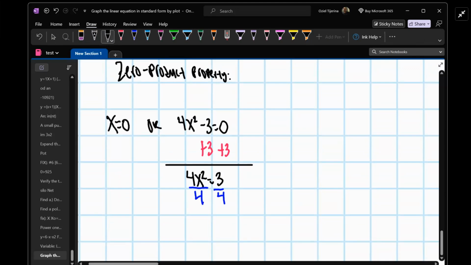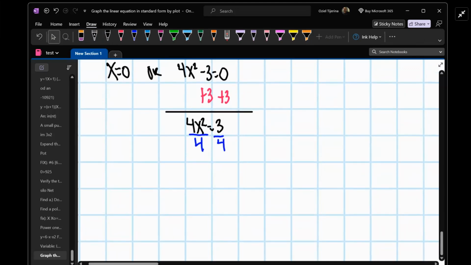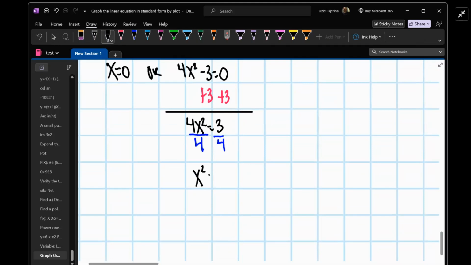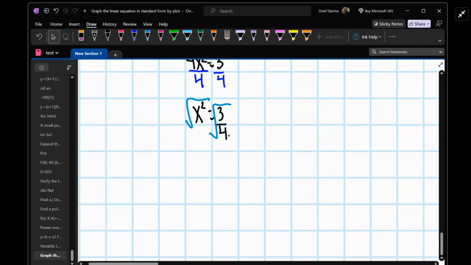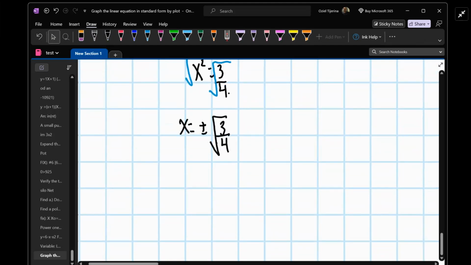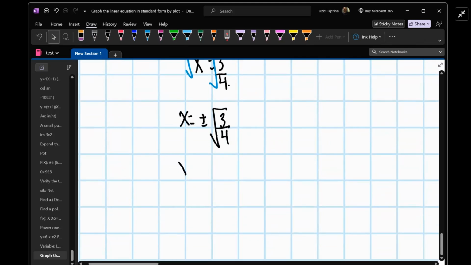So then it's going to be x squared equals 3/4, and then we're going to take the square roots, right? So x equals plus or minus the square root of 3/4. You can simplify this and say that this is x equals plus or minus the square root of 3 over the square root of 4, which is plus or minus the square root of 3 over 2.